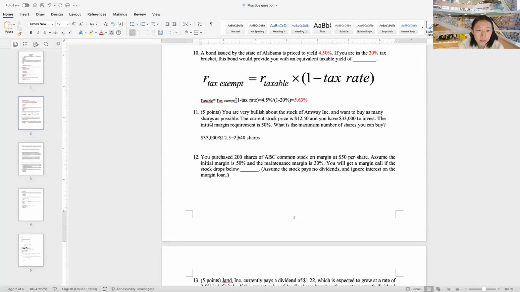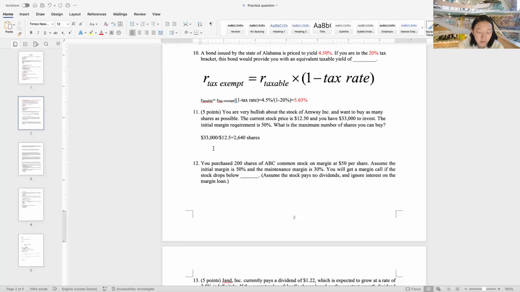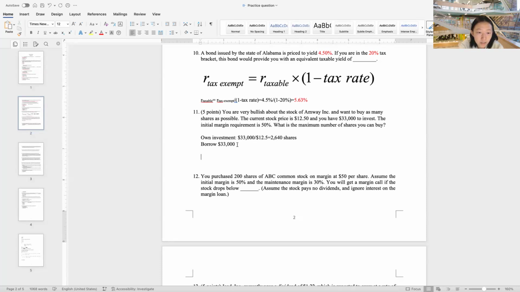And because the initial margin is 50%, this person can borrow 33,000. This is their own investment, and they can borrow 50%, so they add up to 100.